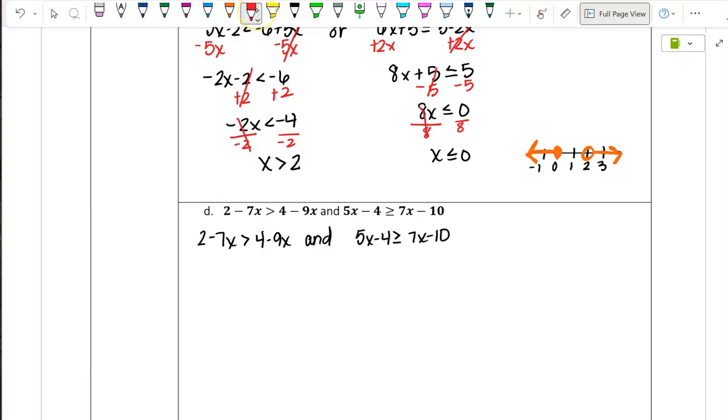So starting with 2 minus 7x is greater than 4 minus 9x. I'm going to start by adding 9x to both sides. So 2 plus 2x is greater than 4.